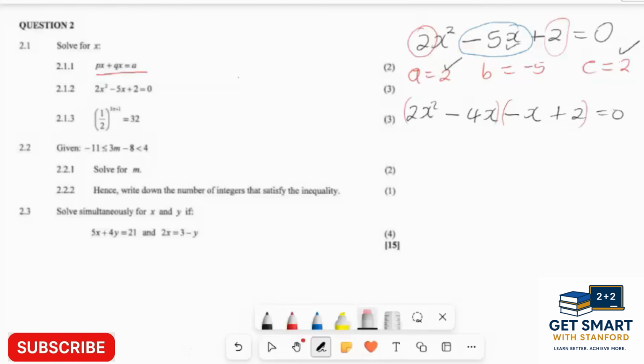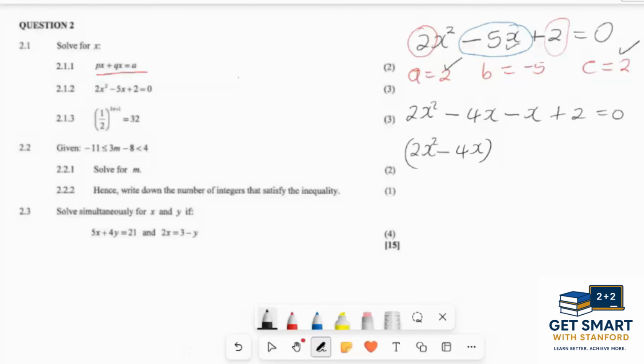Actually, I think we should not group them like this. So on the first one, you're going to have 2x squared minus 4x. We group these ones.